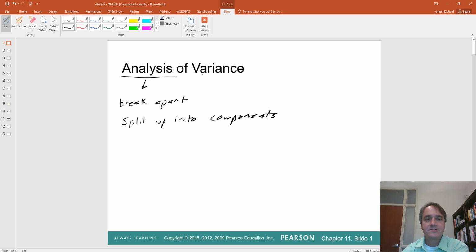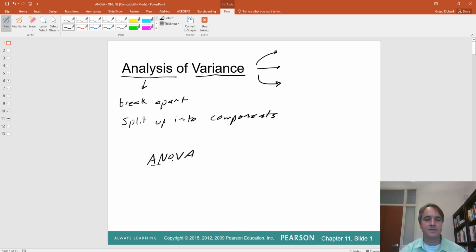So what an analysis of variance is doing is saying, let's look at the variance and then split it apart into its different components. By the way, analysis of variance is often shortened to ANOVA.